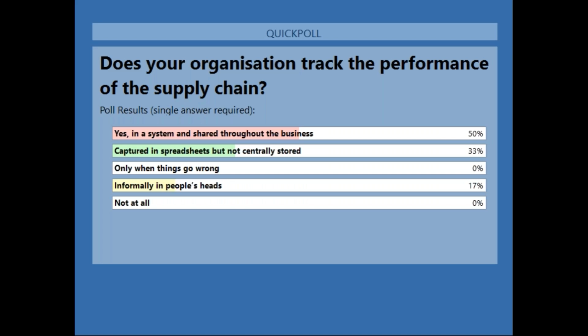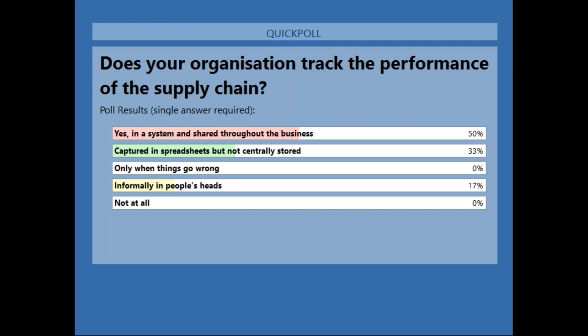Okay, so it looks as though half of you have it in a system already, which is great. And another half is captured in spreadsheets, which is not unusual, or informally in people's heads, equally not unusual at all. So what we're trying to do is recognize that and provide a little bit more of a formal, structured approach for capturing that feedback on your suppliers and subcontractors, and make that information available to the people that have the relationship with those companies.